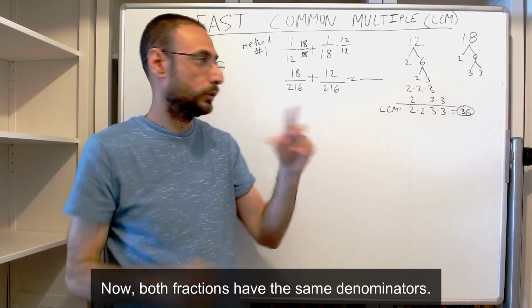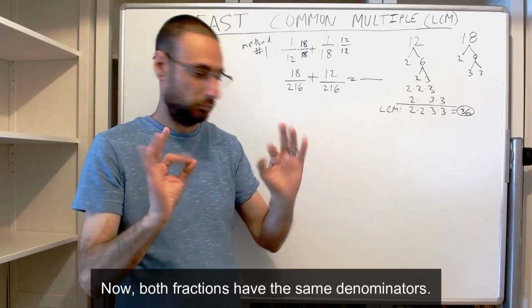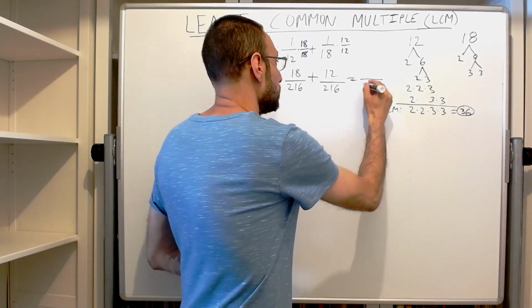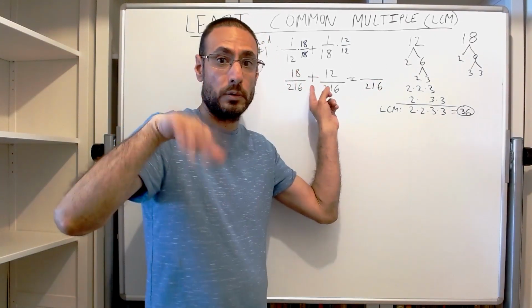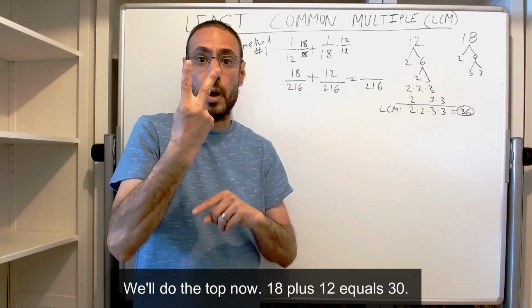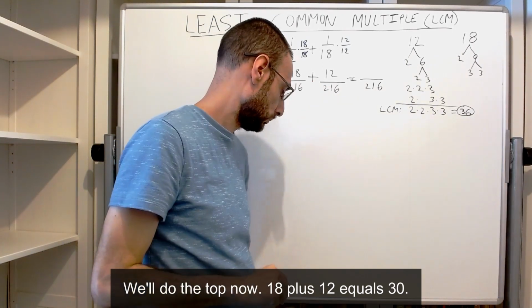Now, both fractions have the same denominators. We'll do the top now. 18 plus 12 equals 30.